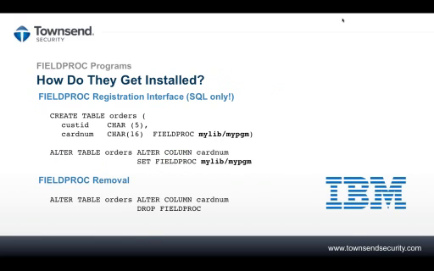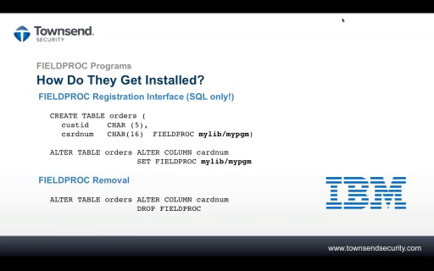So how do they get installed? Well, first you have to create your FIELDPROC program. IBM provides some samples in the Information Center on what that might look like, and you have to install them. So if you're using SQL, you can create a table and specify a FIELDPROC program with its optional constant value on the SQL statement that creates the table.